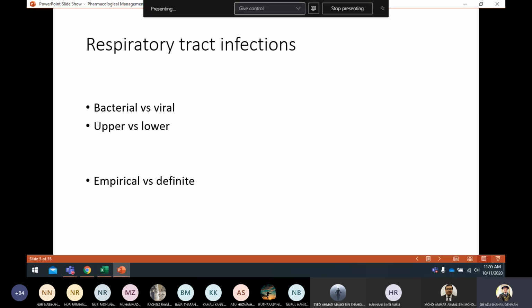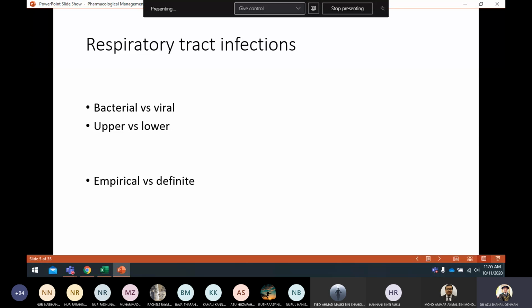But once you have identified the organism and determined its sensitivity to a particular drug, then you will change your therapy from empirical to definitive therapy. That is the rule. The ones that we are going to go through today are mainly the empirical treatment.